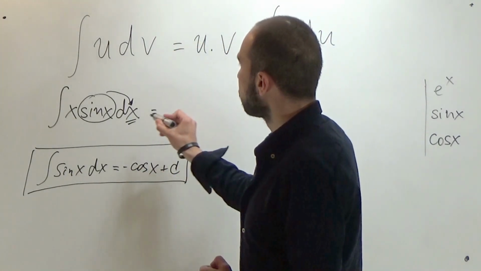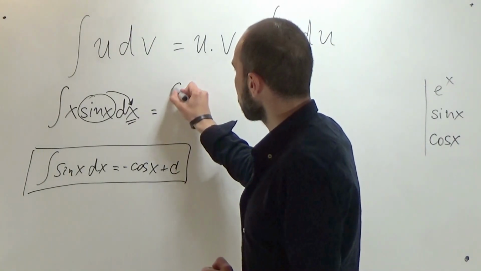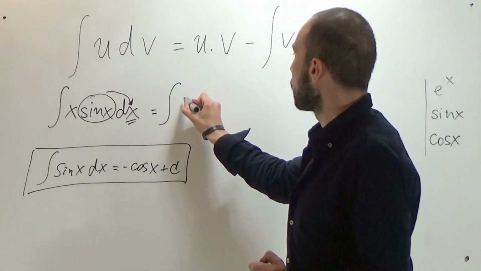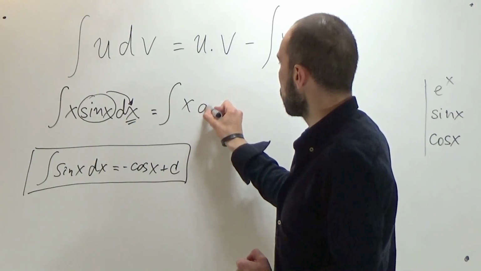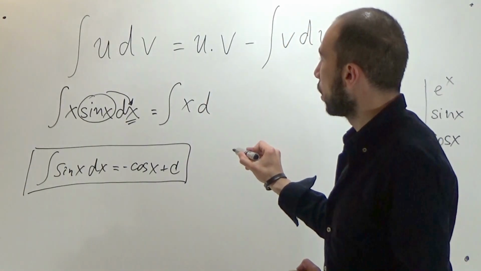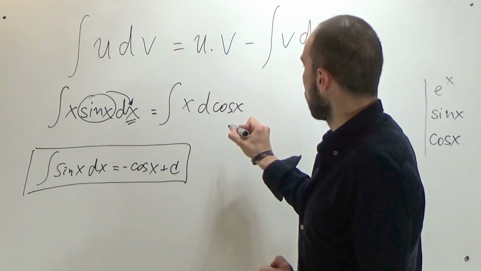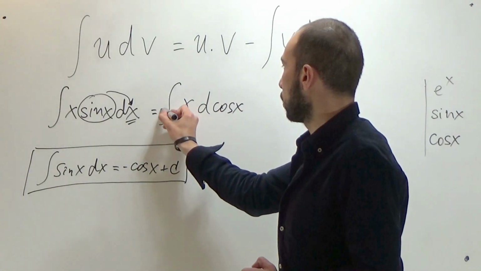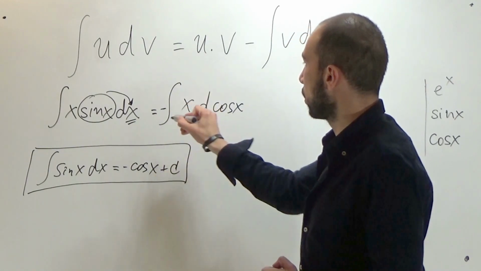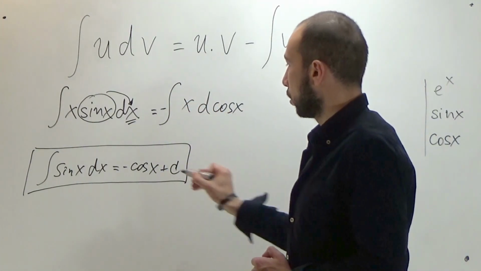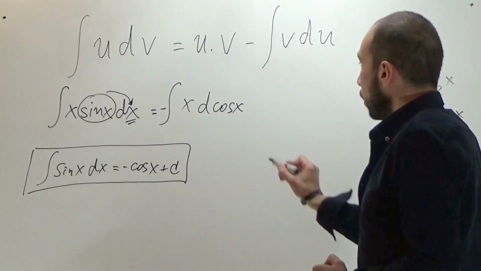Okay. We have x, the sign of the differential, cosinus function, and minus in front of the sign of the integral from here. Okay.